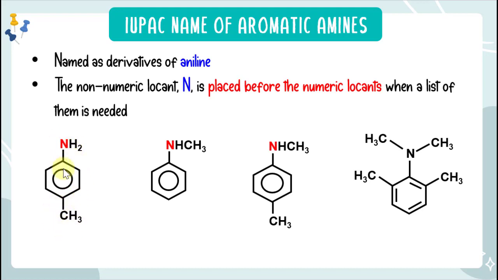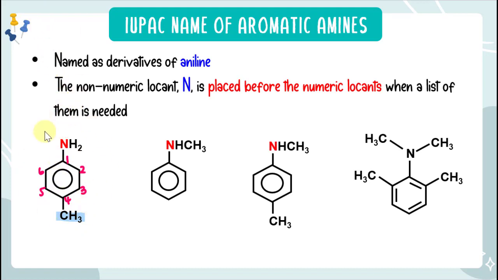So for example, this structure, since we have an amino group and a CH3 alkyl group here, the amino group will become our parent. So the carbon that is attached to it, we will make it number 1. It doesn't matter whether we go clockwise or anti-clockwise, but make sure our next substituent falls on the lowest carbon. We have to give our substituent the lowest set of numbers. So this one will become our parent, and the CH3 will become our substituent.